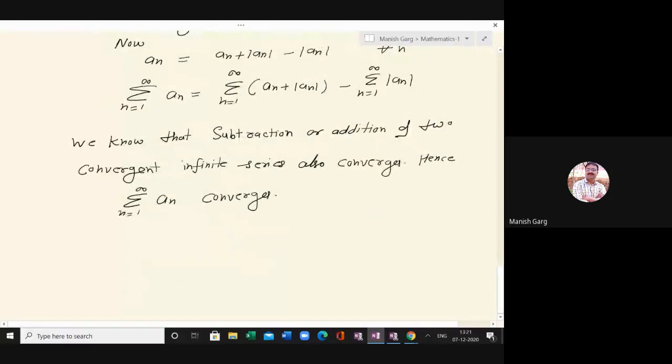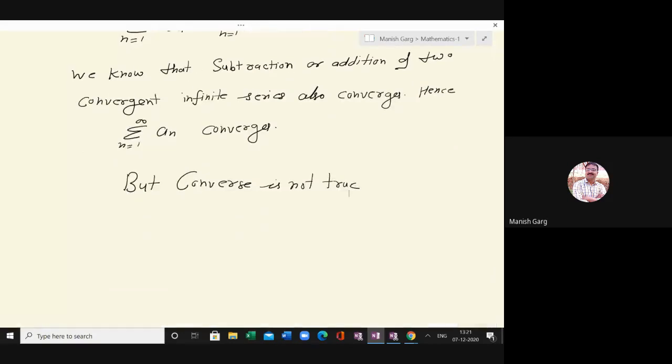But the converse is not true. What is the meaning? There are chances that this positive series converges, but the previous original series, the alternating series, is not convergent.